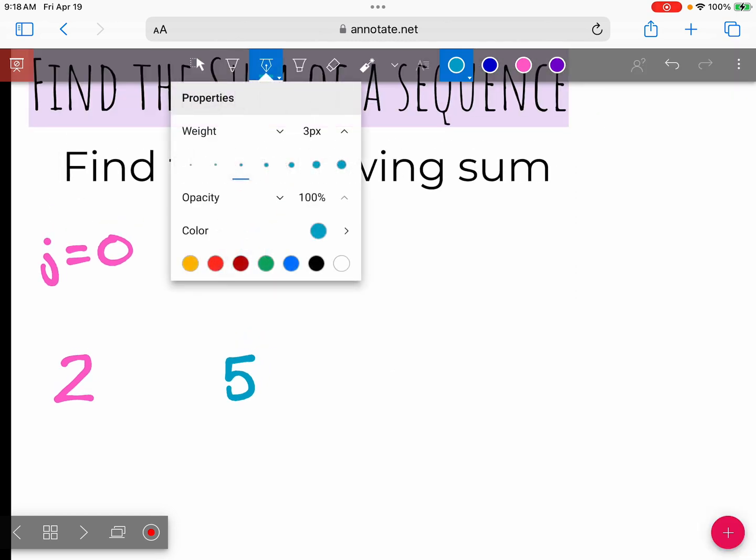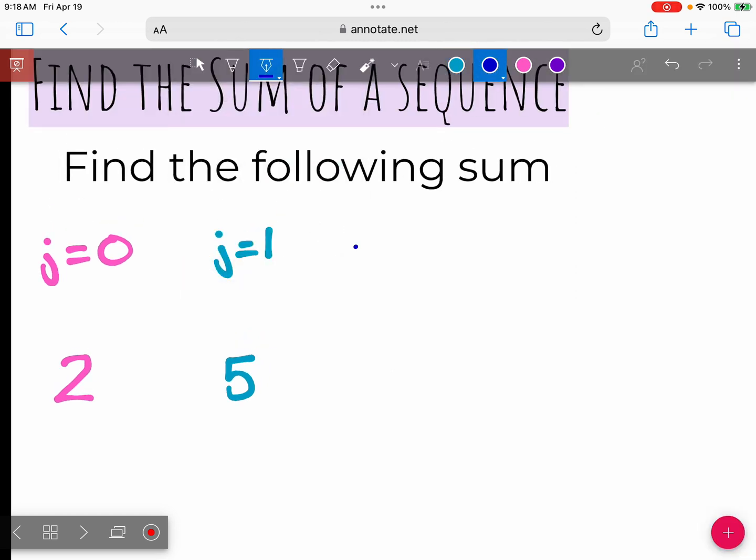That's why it feels so chunky. I left it chunky. j of 2, 8. j of 3, 11.